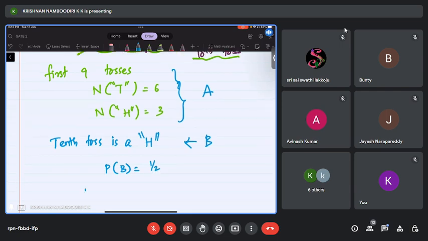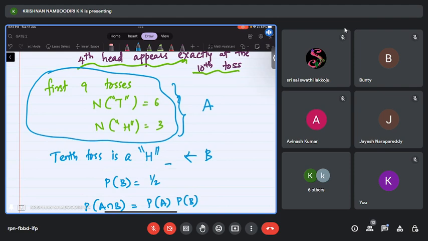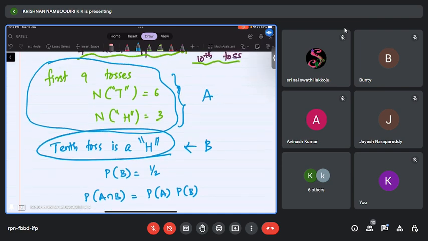So we need to find the probability of A intersection B, or in other words, the probability of A into the probability of B, because these two events are independent, correct? Basically you need to find the probability of this particular event, and multiply it with the probability of this event, which is half. Clear?